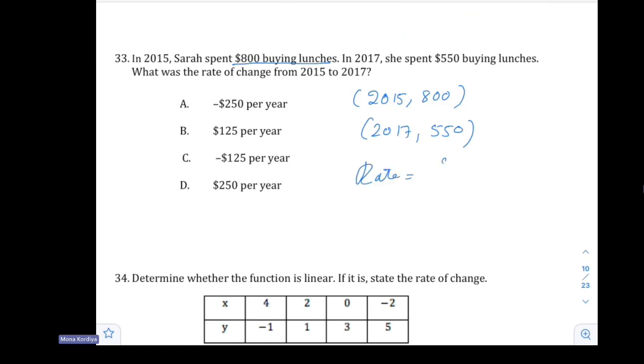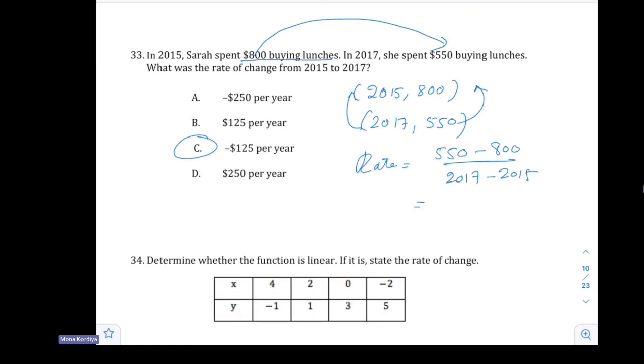So the rate of change is 550 minus 800 over 2017 minus 2015. Remember, the order is important, and this will lead to negative $125 per year. Remember, the negative sign shows that it is decreasing, and it's very clear that it is decreasing.